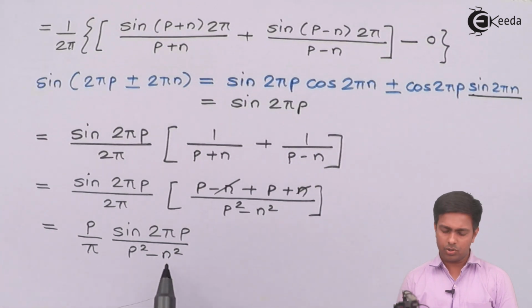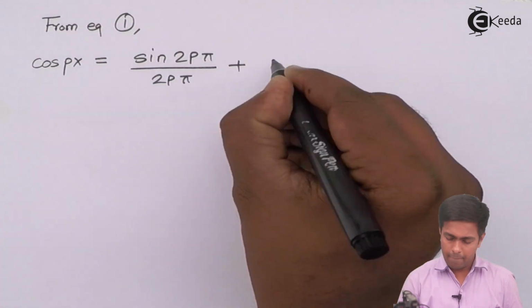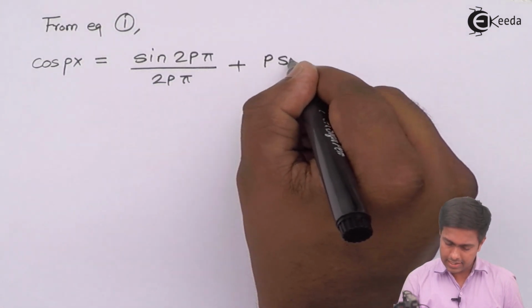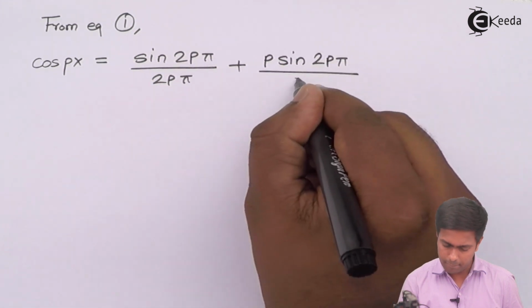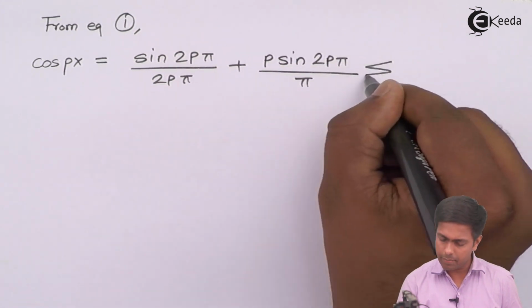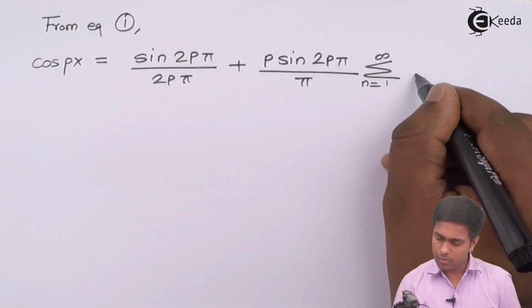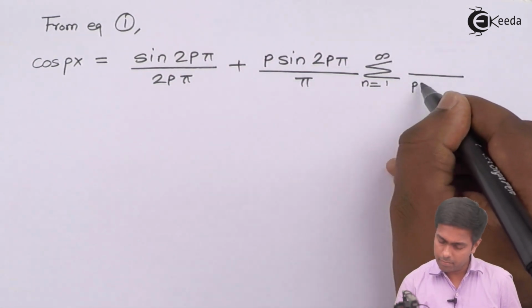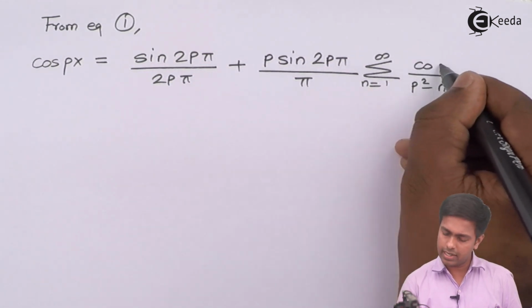So inside the summation only 1 upon p square minus n square will remain. So we will get p sine of 2p pi upon pi, and in the summation from n equal to 1 to infinity we will get 1 upon p square minus n square into cos nx. So cos nx I'll write here.